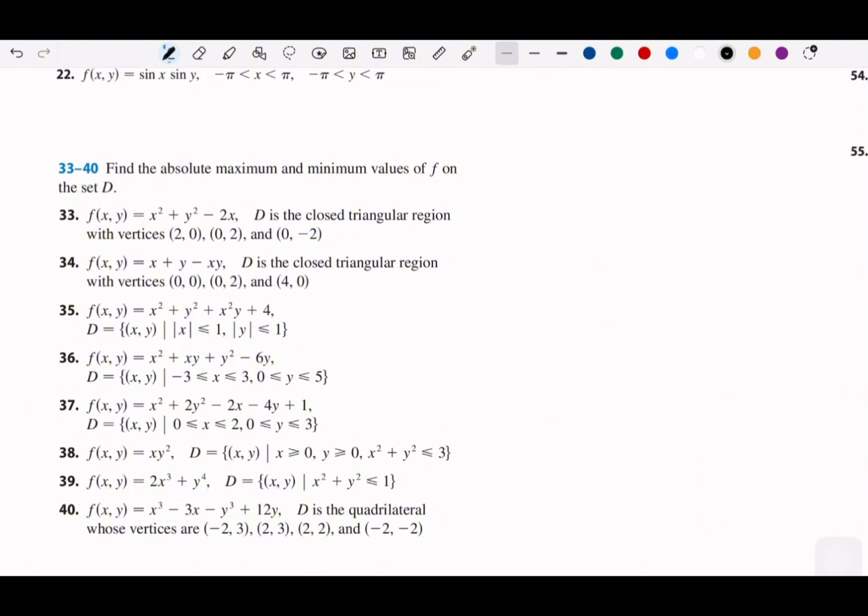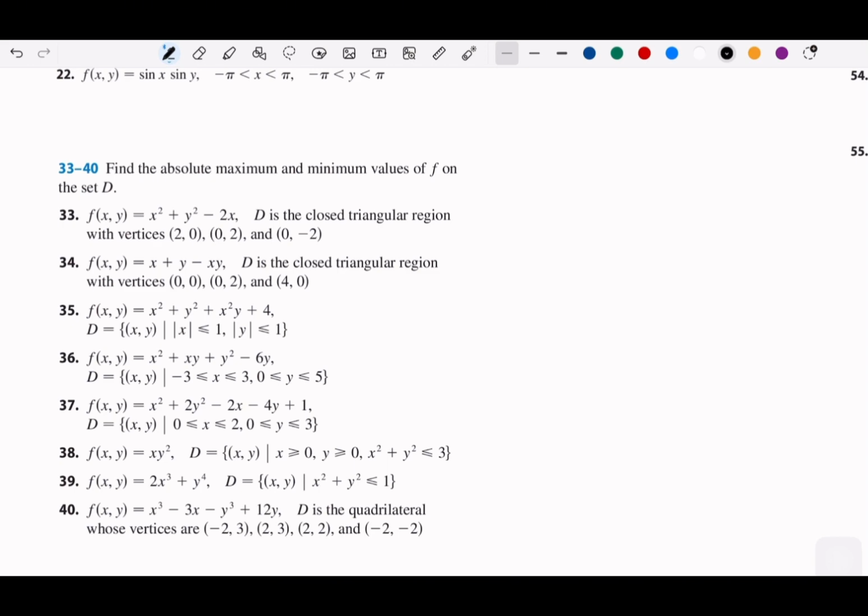They gave you the domain or the restrictions. For example, it has three points, a triangular region that you can try, or you can get exactly which x and y interval that you can try as well.